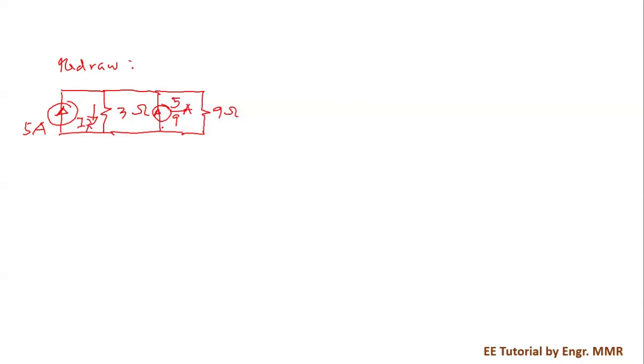So meaning they have the same sign and we just add them. 5 plus 5 over 9. If we compute, it's equal to 5.556 amperes. Then the equivalent circuit will look like this.